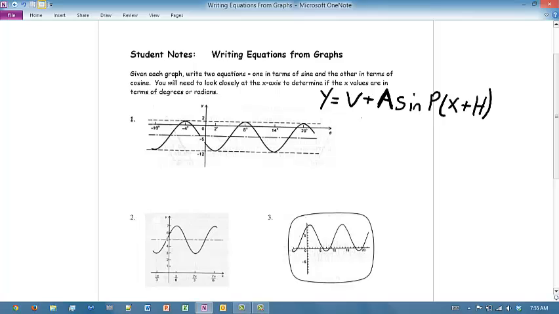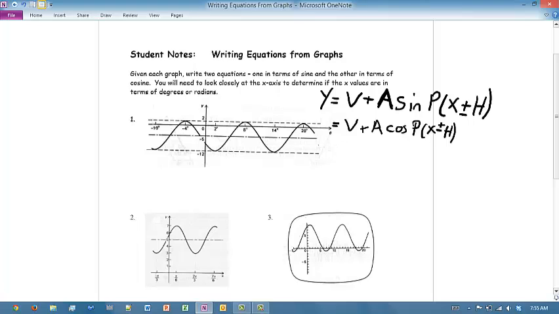This is what our answers are going to look like at the end of this. From cosine, it would be y is equal to the vertical plus the amplitude cosine period of x, minus the horizontal. Now this could be a plus or a minus, and same with the sine one up here.